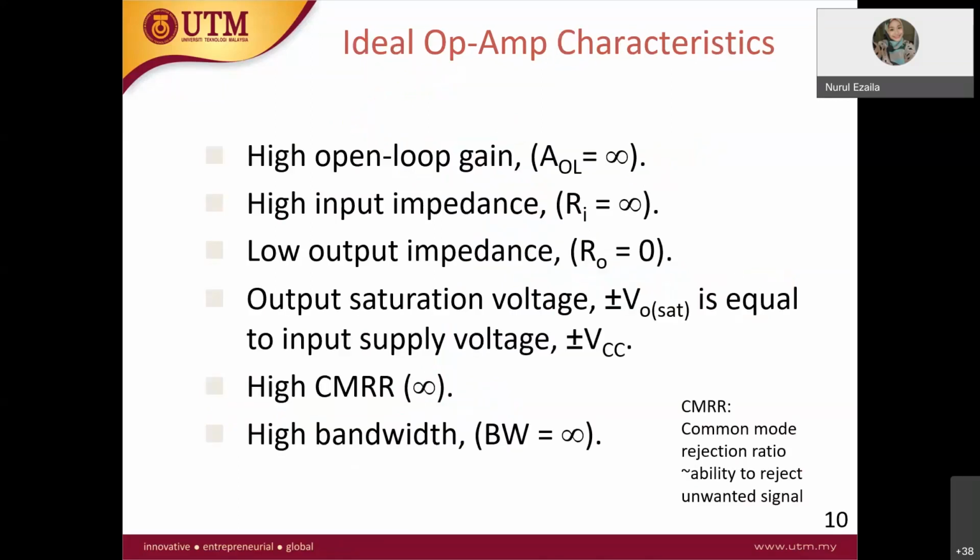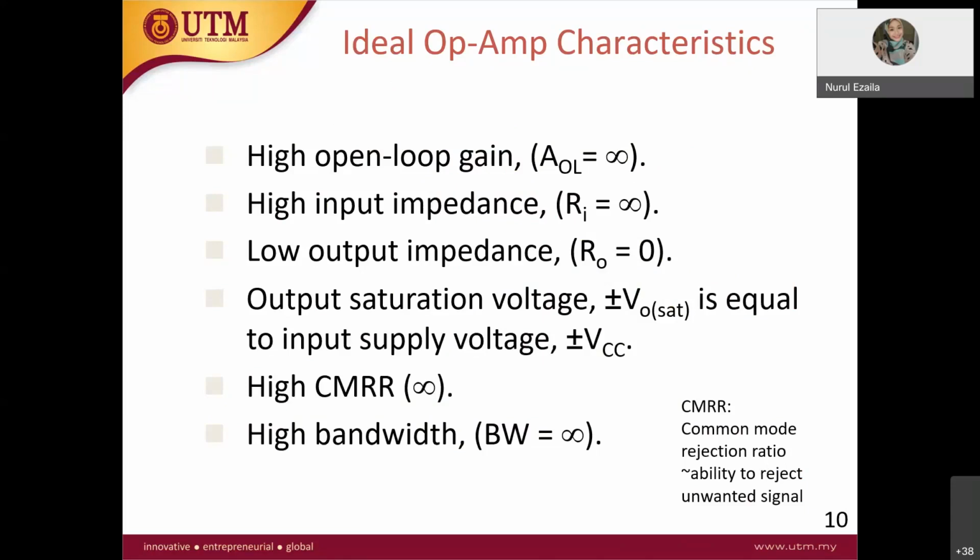Other than that, there is another term called CMRR, common mode rejection ratio, which is related to the ability of the op-amp to reject unwanted noises, unwanted signals. So the op-amp has a high ability to reject unwanted signals or noises.